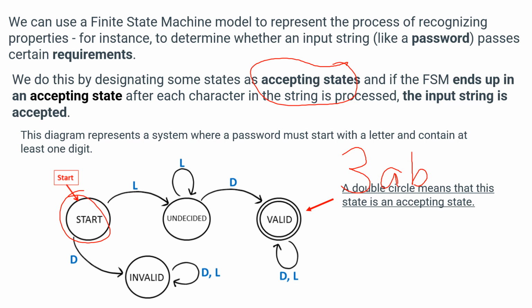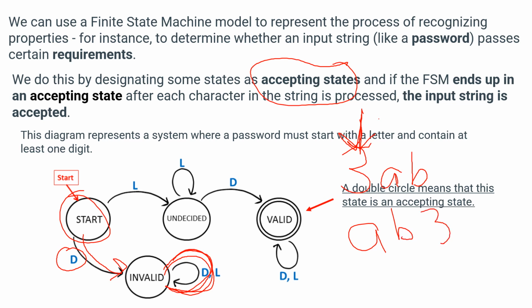The first thing I input for this password was a 3, so that means we're inputting a digit. So we go this way, and that takes us to an invalid state. No matter what I do afterwards, whether I put in a digit or a letter, for as many times as I want, I'm only going to stay in this invalid state. So that is not going to work, and I do not get a valid password that way.